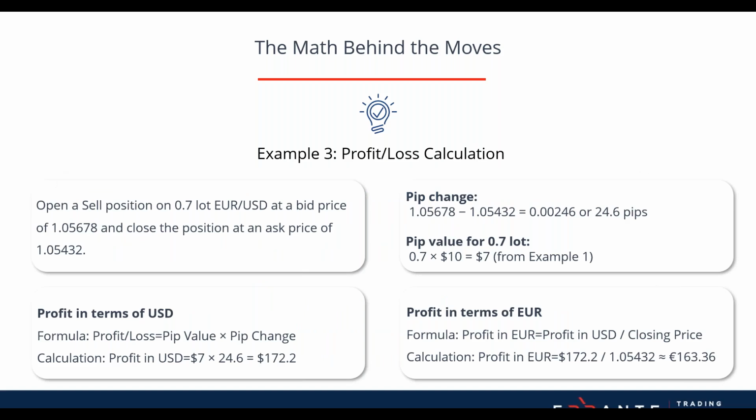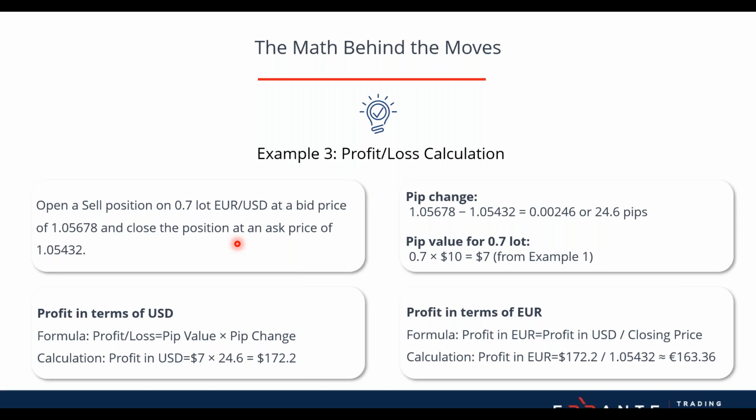And now we've nailed down pip values for different pairs. Let's apply the knowledge to a real-world example. Imagine opening a sell position on 0.7 lots of EUR/USD at a bid price of 1.05678 and closing it at an ask price of 1.05432.